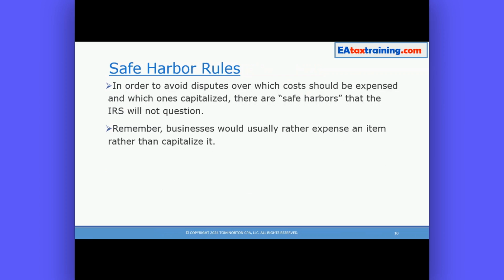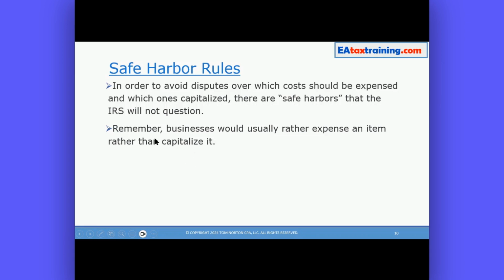Doesn't mean you have to meet that criteria in order to prevail. It just means if you do meet that criteria, you don't have to worry about the IRS disputing it in case of audit. So there are certain safe harbors that apply to, is it a repair or should it be added to the basis of the property?